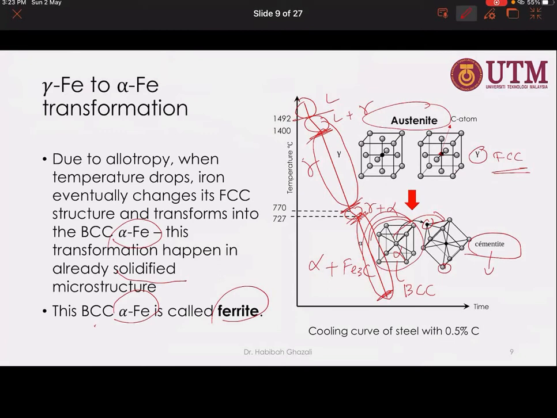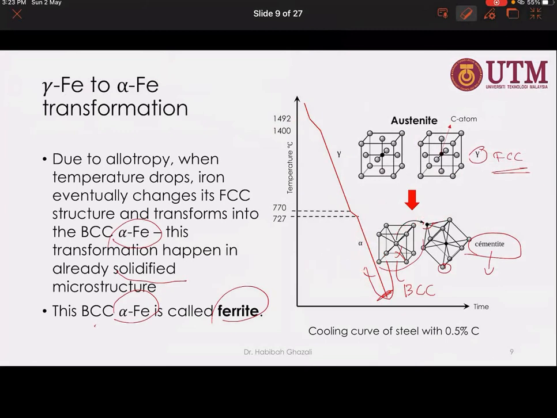Let me correct this figure first. It should not be like this. This is 0.5. The correction is here, and then lower to this. This one is wrong.